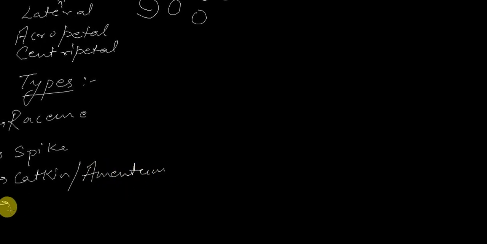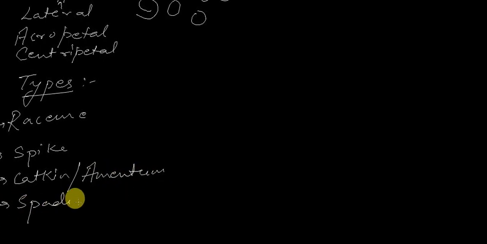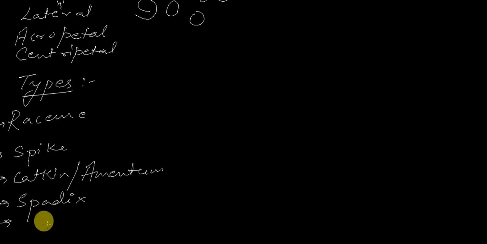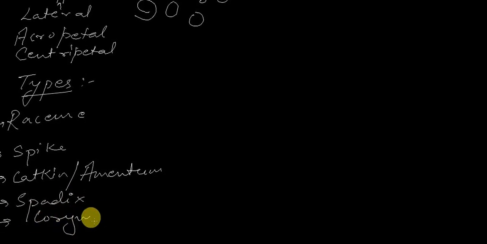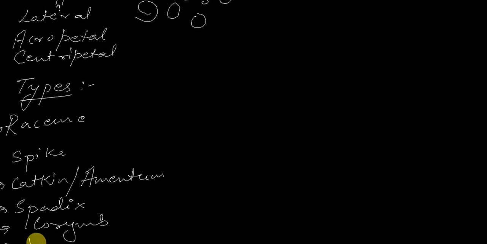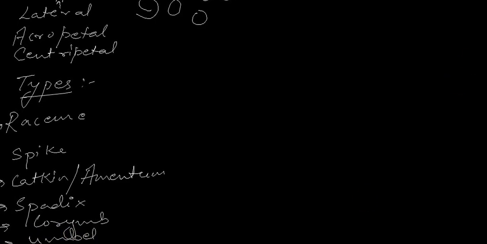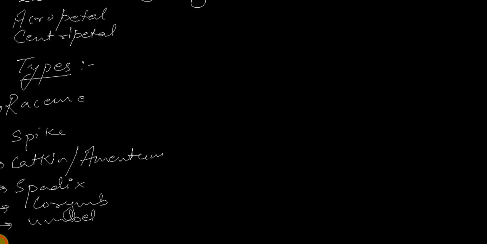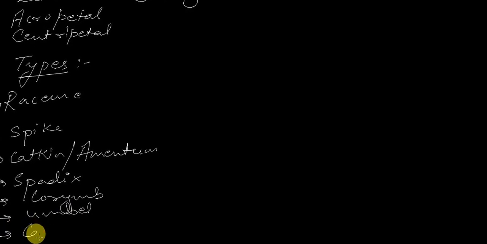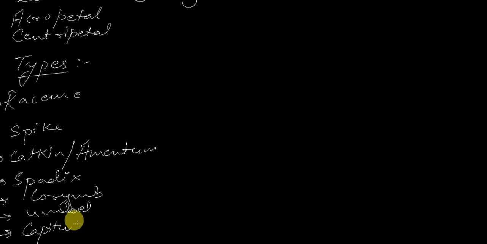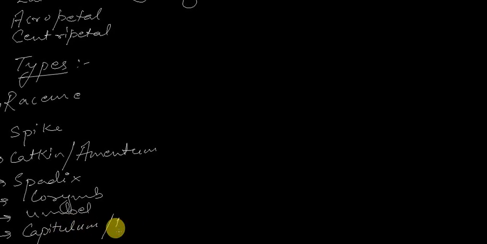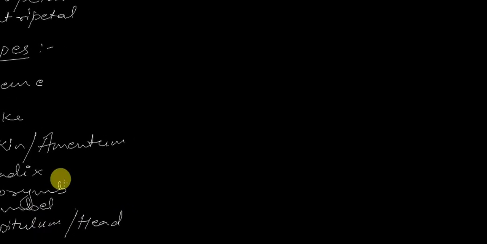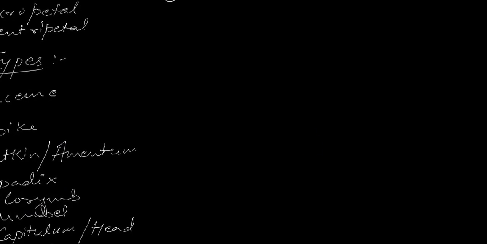Then another one is spadix, then corymb, then umbel, and the last type is capitulum. Capitulum, in other words, is also called as head, so head inflorescence. Okay, so these all are the types of racemose inflorescence.